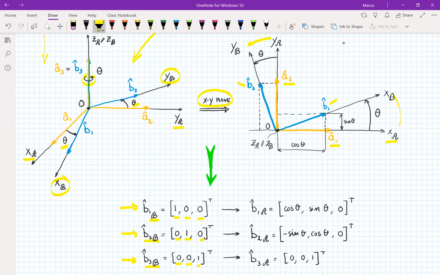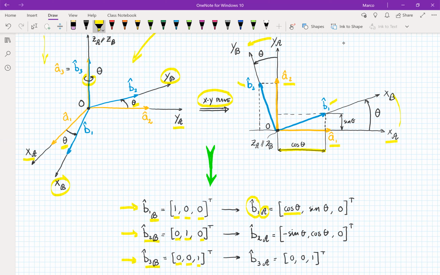Now, from the picture, let's try to see what the coordinates are of the very same vector, B1, but now expressed in the A reference frame coordinates. If we project B1 into the XA and YA axes, we see that the component in the XA direction of B1 is simply cosine of theta.